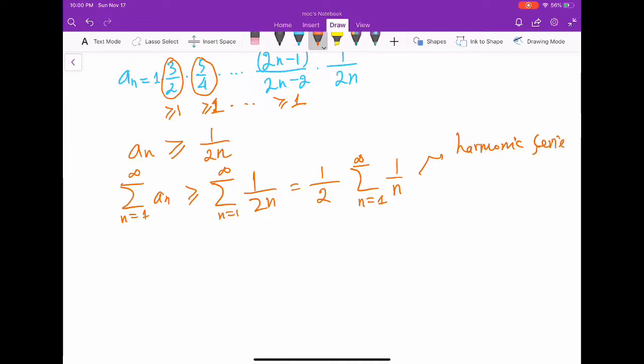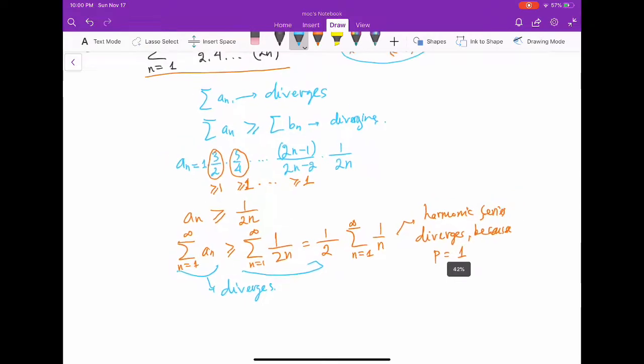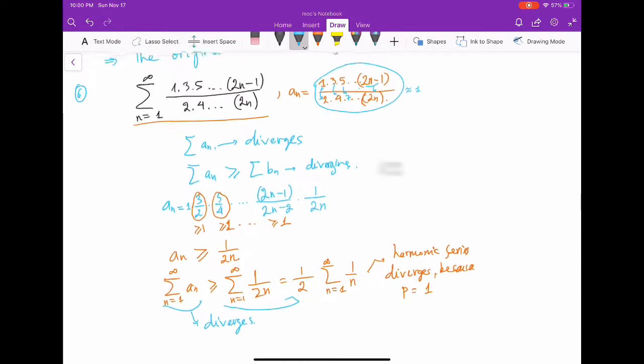This series diverges, because the power p is equal to 1. So since this series diverges, this series also diverges and is equal to infinity.